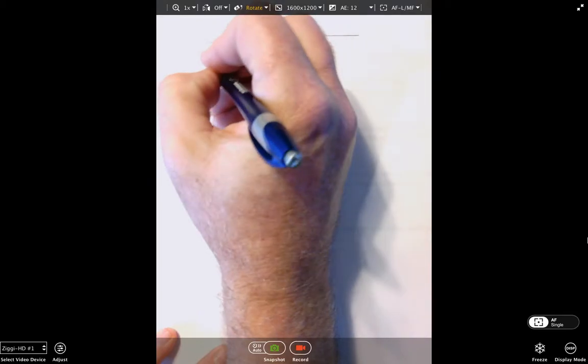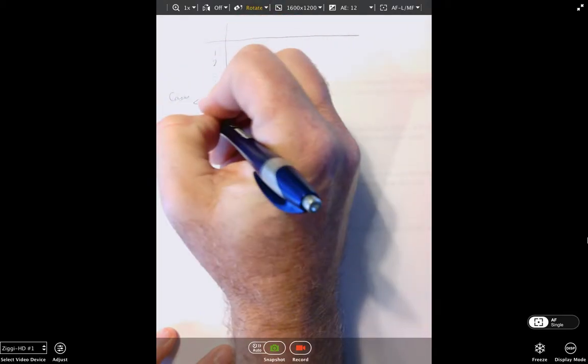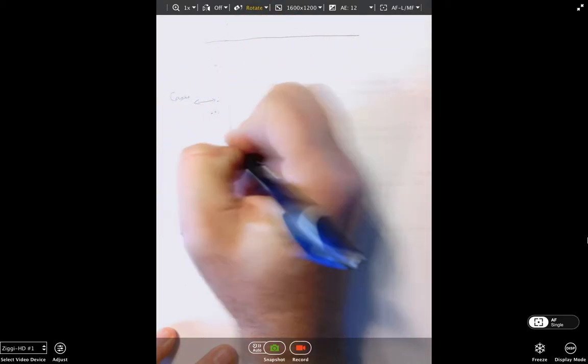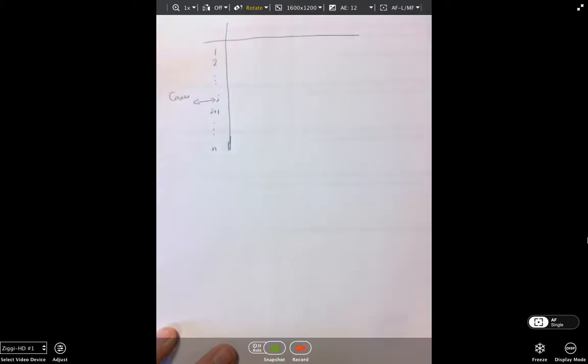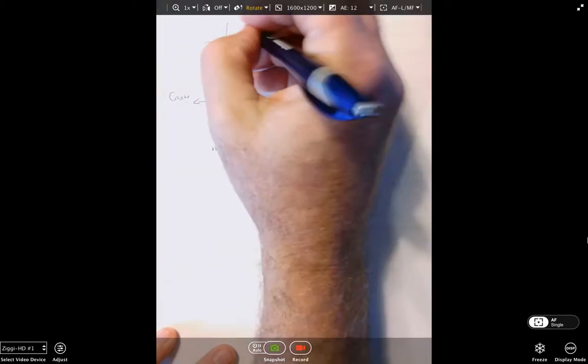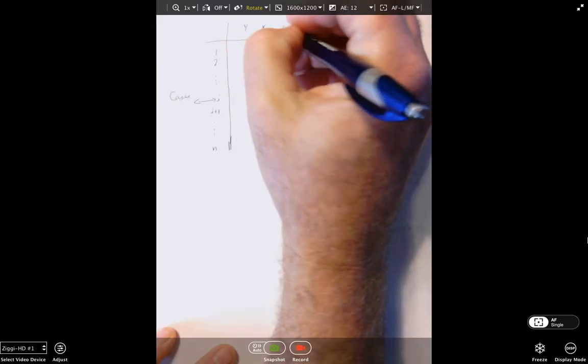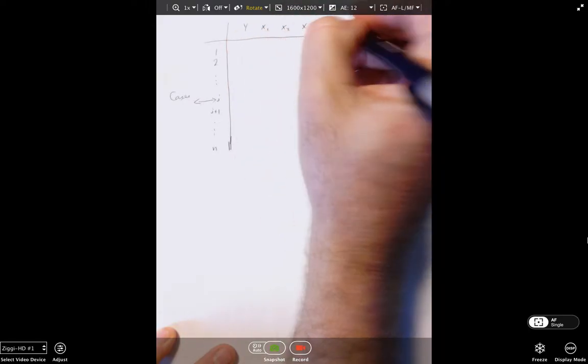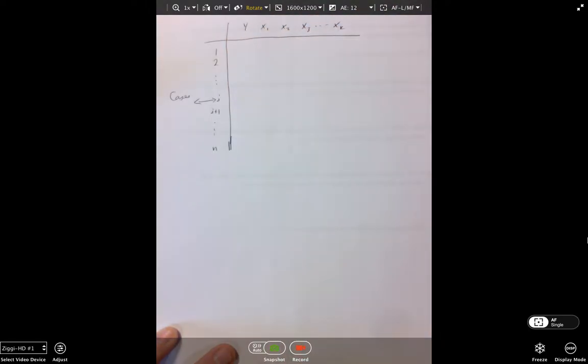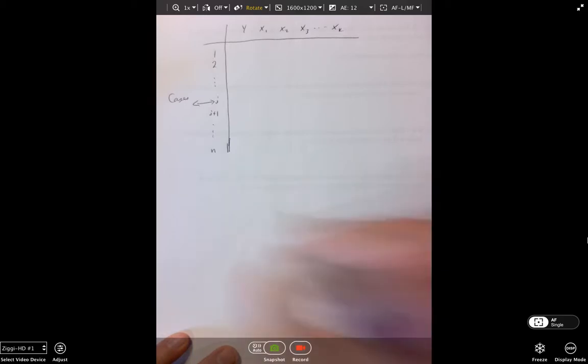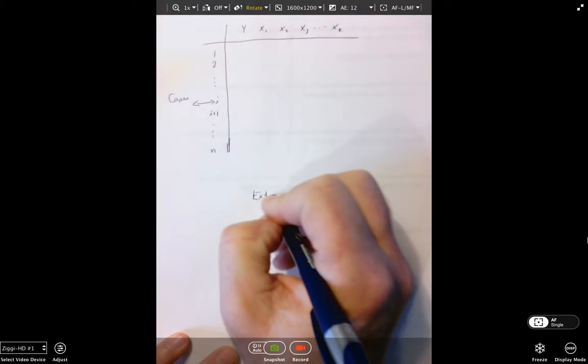So for example, let's say we have an i plus 1 case, so we've got n subjects that we've created our model from, and we've got k predictors, to be consistent with the notation we've used before. We've spent a lot of time talking about extra sum of squares.